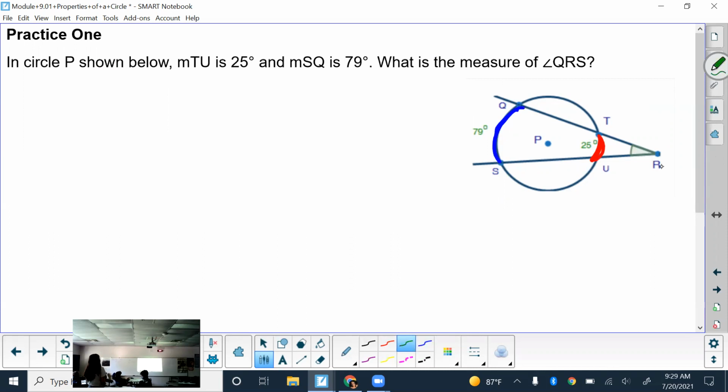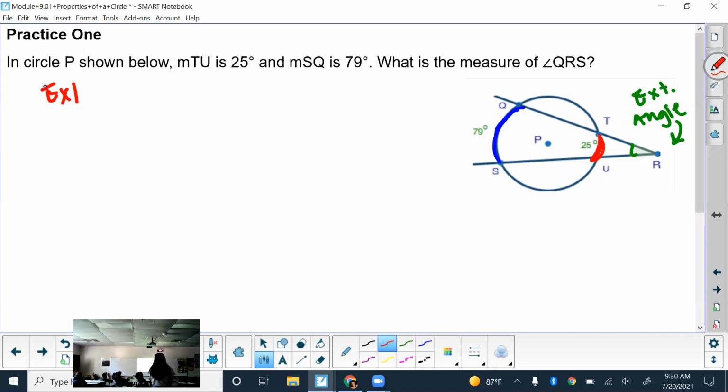We're asking about this angle, which is an exterior angle. If I was on a test and it didn't tell me this is an exterior angle, I would go through my vocab words and figure out what kind of angle that is so that I use the right formula.